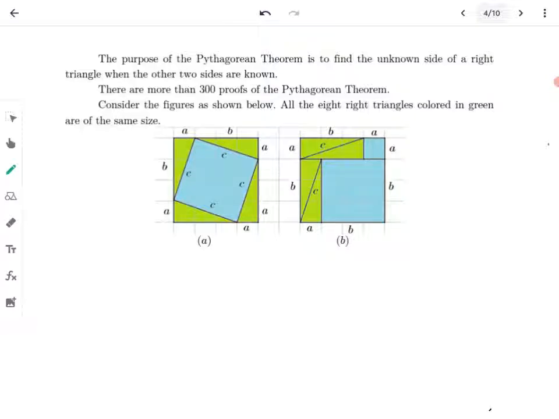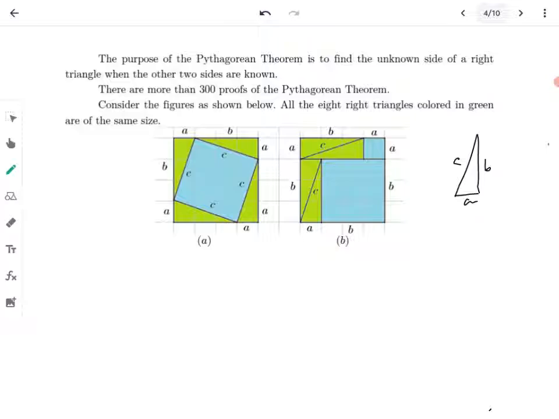As you can see, the triangles in green have legs of A and B and a hypotenuse of C. Since the squares are identical, they are congruent, of the same size.